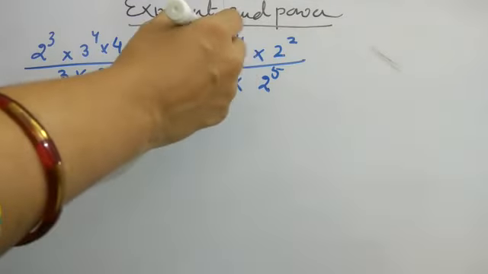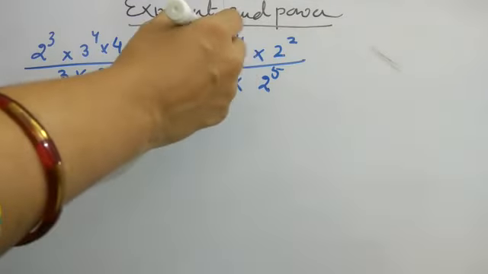Some more examples. Let us take. So see this one. 3 into 7 square into 11 power 8 upon 21 into 11 power 3. Now I will prime factorize those numbers which are not prime. So 3 also, 7 also, 11 also cannot be prime factorized. 21 can be written as 3 into 7, and 11 again as it is.